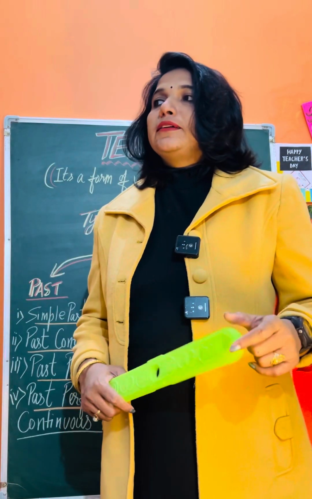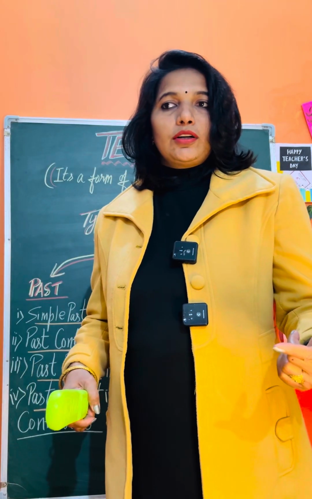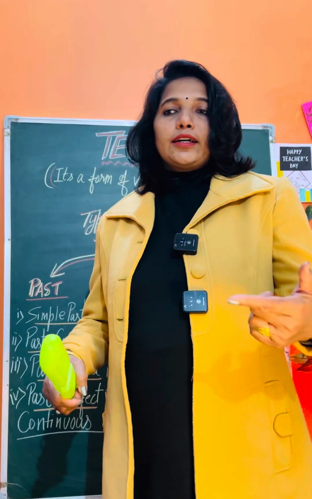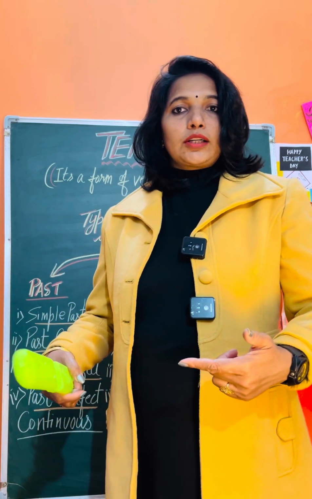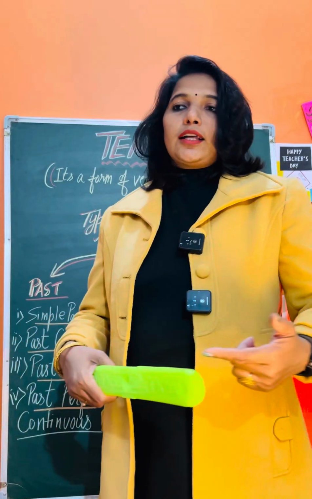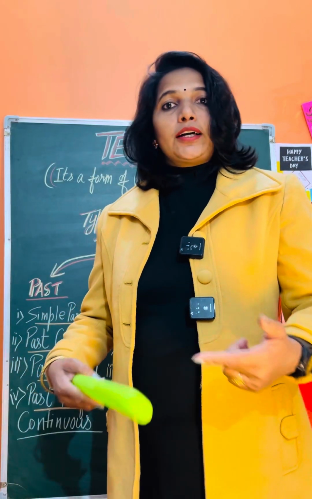For example, I'm giving my example: in 2025, I will have been completing my 5 years of service. Okay, so the work is going on, completing my service, and then it will complete 5 years. 5 years will be completed in that particular year.